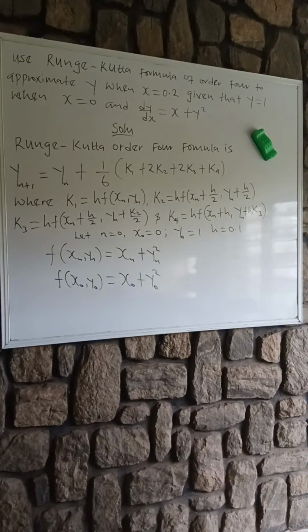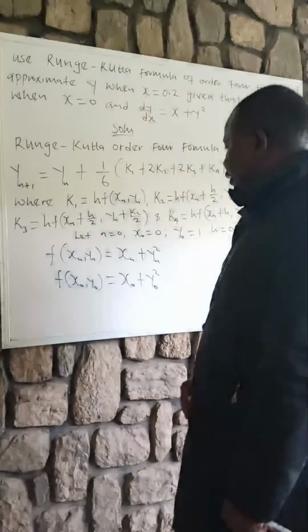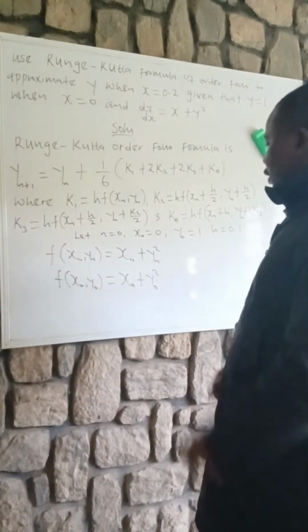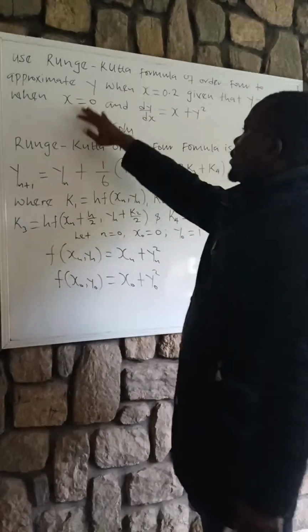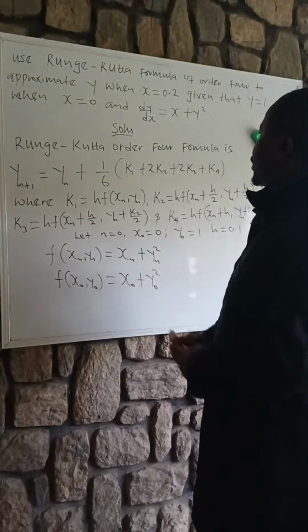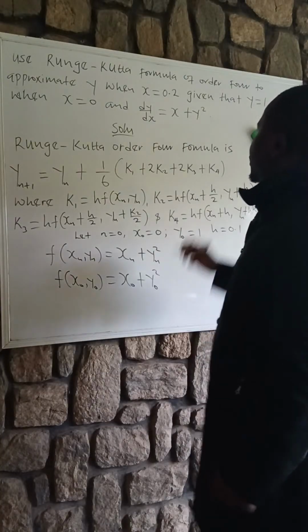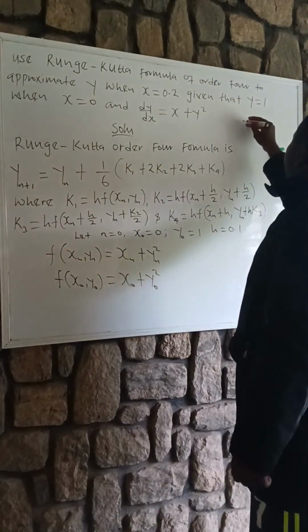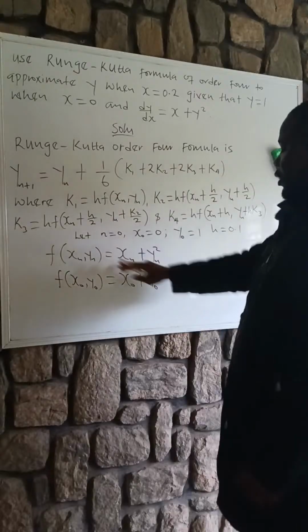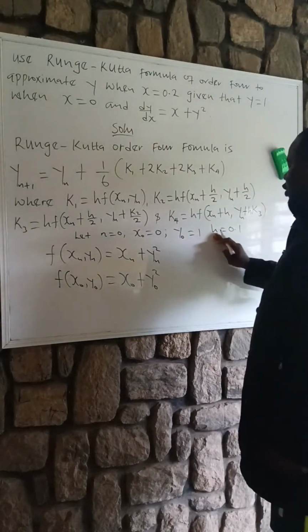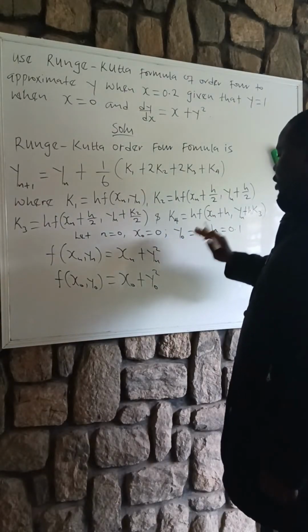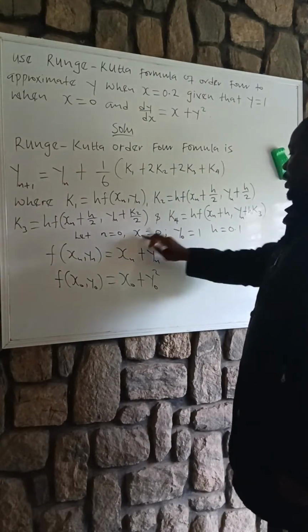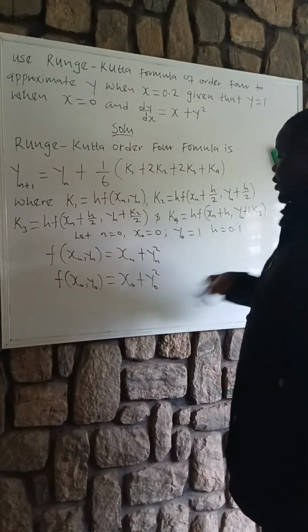So if you agree with me, it implies that, let's come back to the question here. But before we do that, let me just show you how we got h, and how y naught is equal to 1 and x naught is equal to 0.